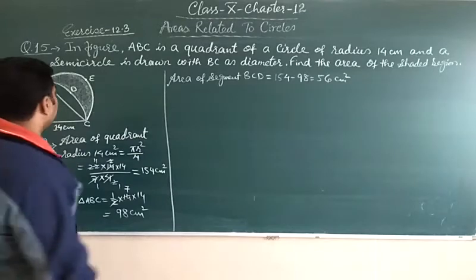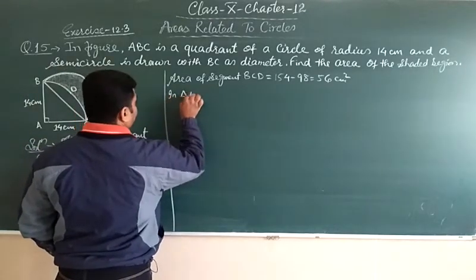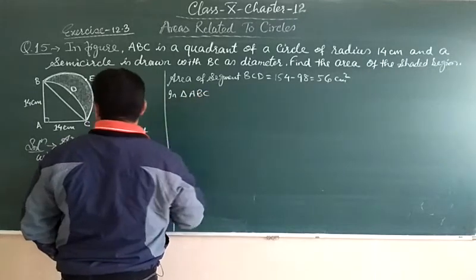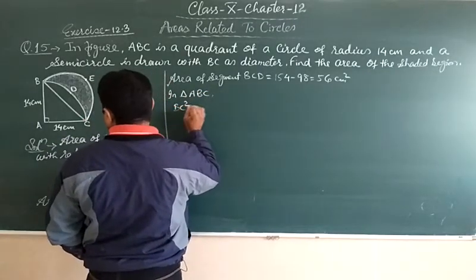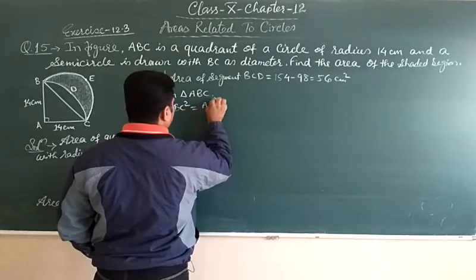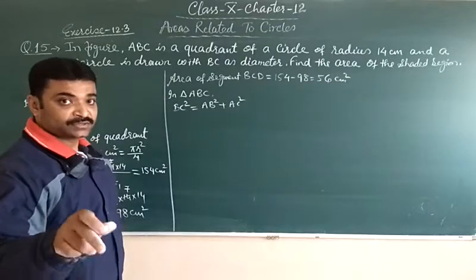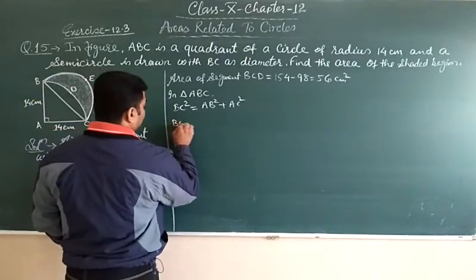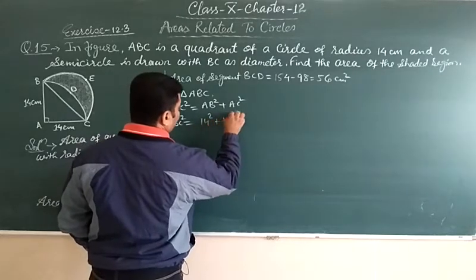Clear? Now in triangle ABC, what is BC square? It is equal to AB square plus AC square by applying Pythagoras theorem. So BC square is equal to AB square, that is 14 square, plus 14 square.